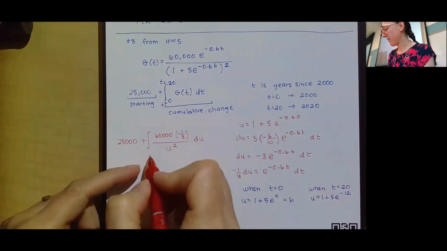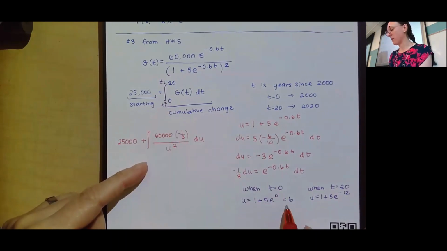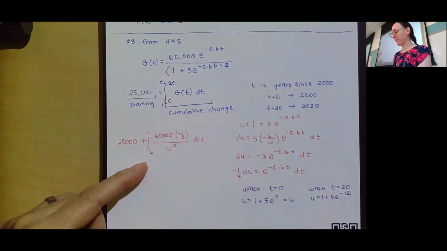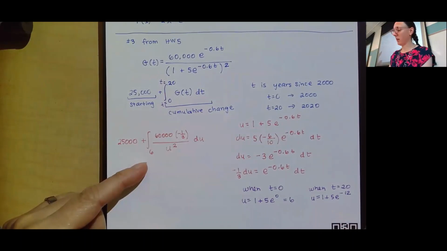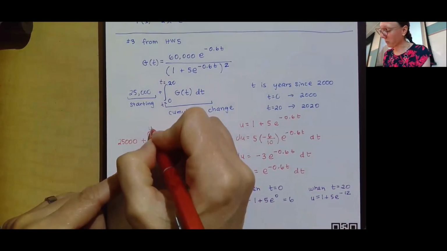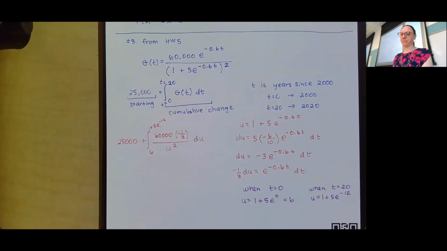And then my limits of integration: the t equals 0 was on the bottom, and that corresponds to u equals 6. And the t equals 20 was on the top, and that corresponds to whatever that would be if you put it in a calculator. So 1 plus 5e to the negative 12. Now I'm ready to find the antiderivative.